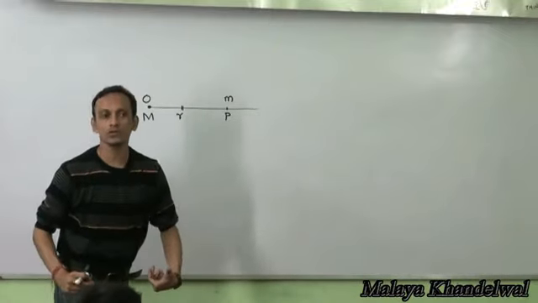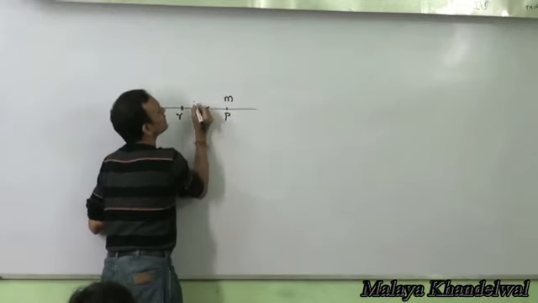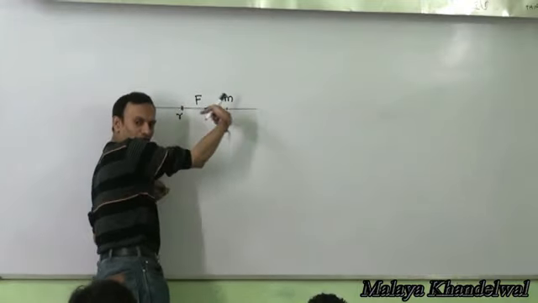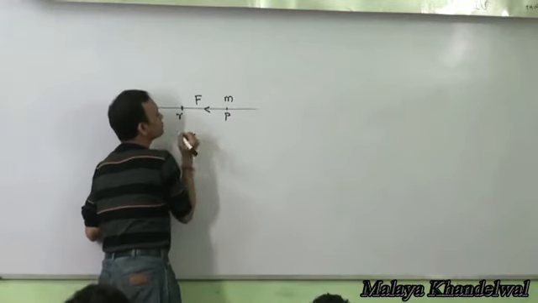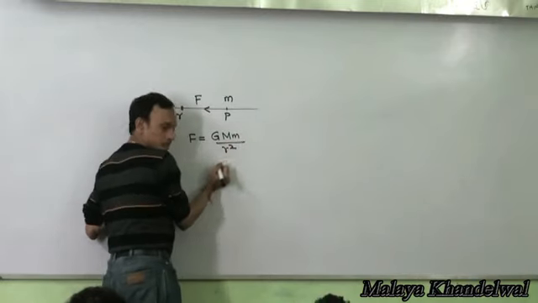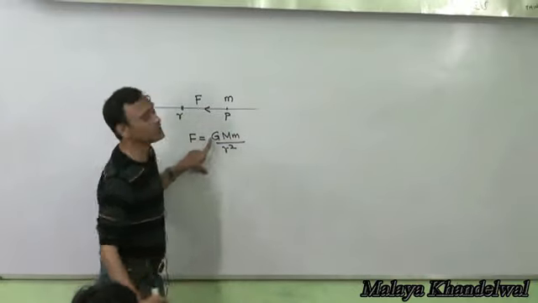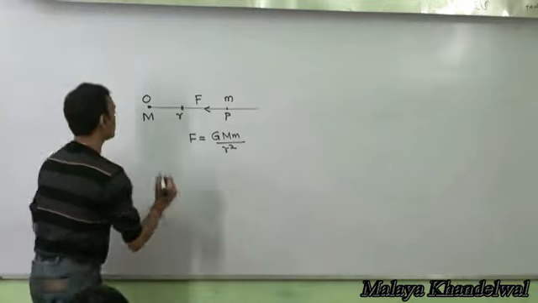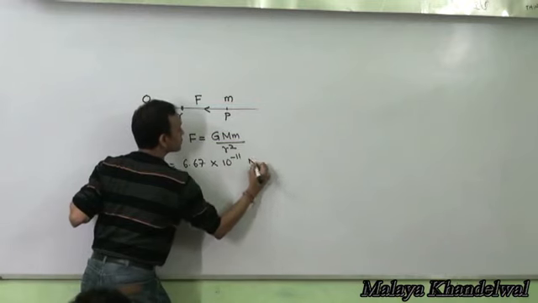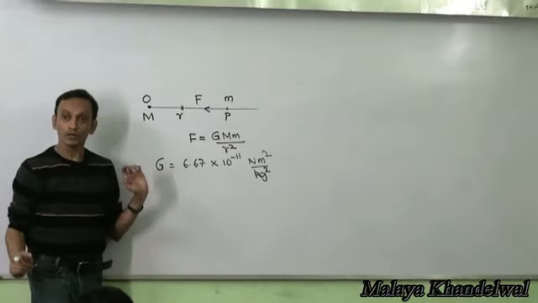Now, from Newton's law of gravitation, all of you know that the particle placed at P will experience a force F, whose line of action will always pass through O. And the magnitude of F is given by GMm by r squared, where G is the gravitational constant and it has a value of about 6.67 times 10 to the power minus 11 newton meter squared per kilogram squared. You're aware of this. That's the magnitude of the force.